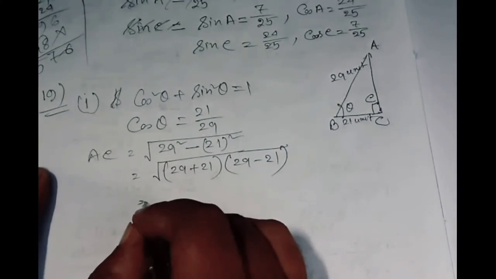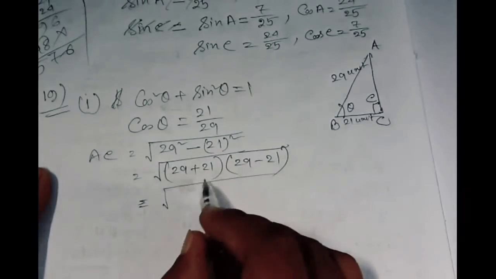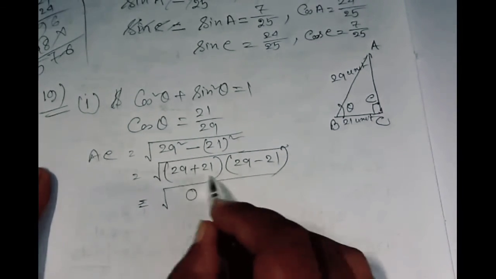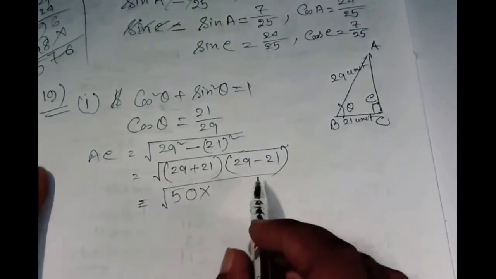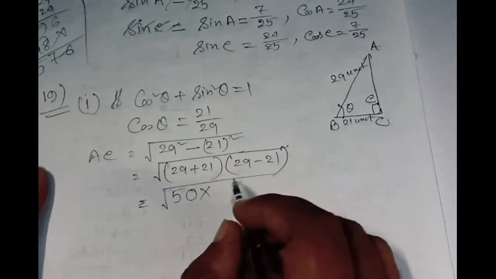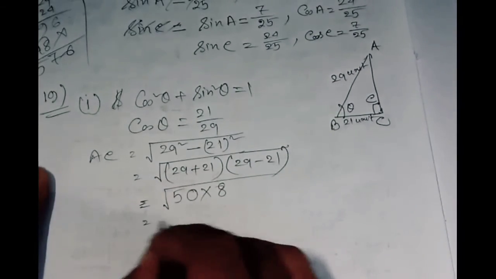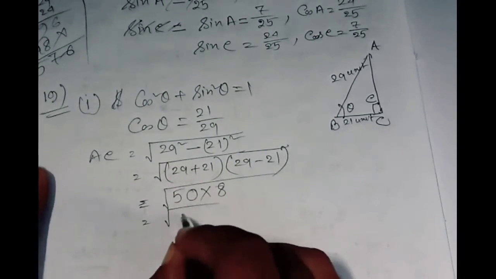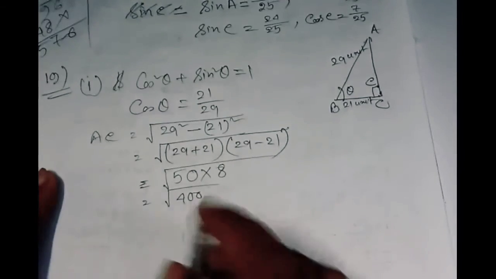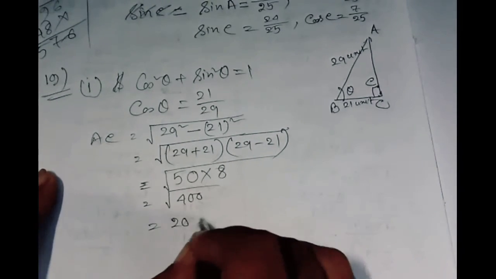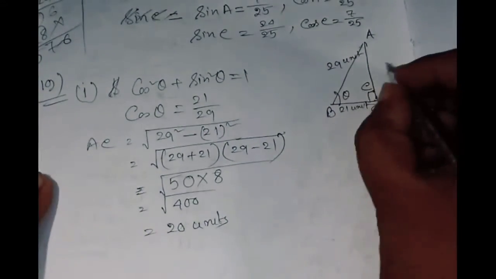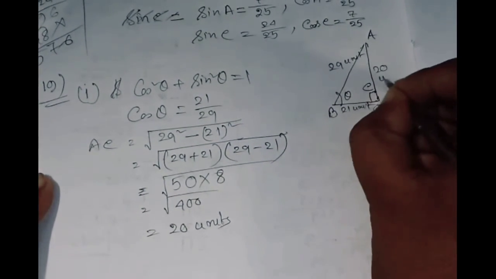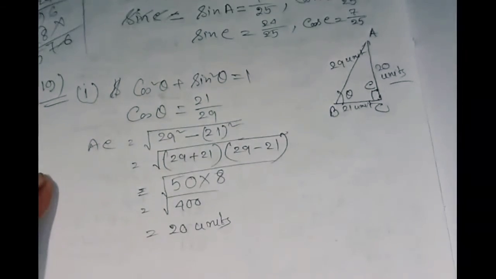Okay, that's equal to root under of 50 into 8, so that means 400, means 20 unit. Okay, so this is equal to 20 units.